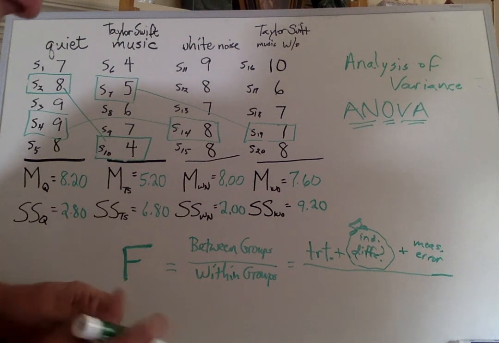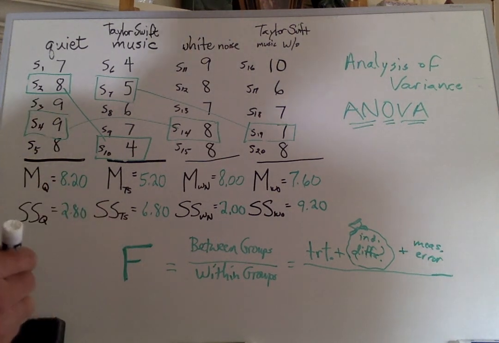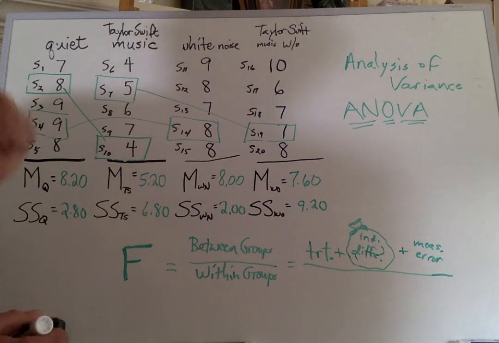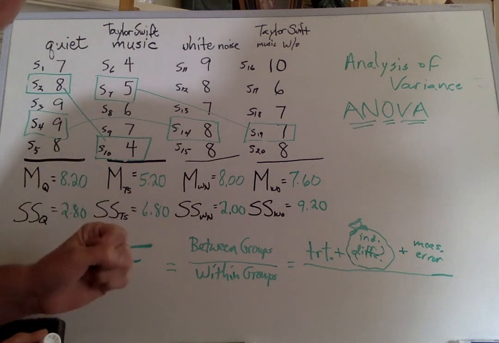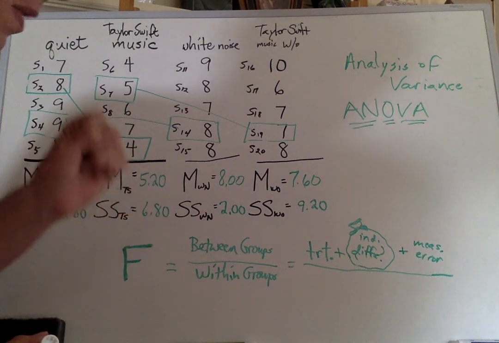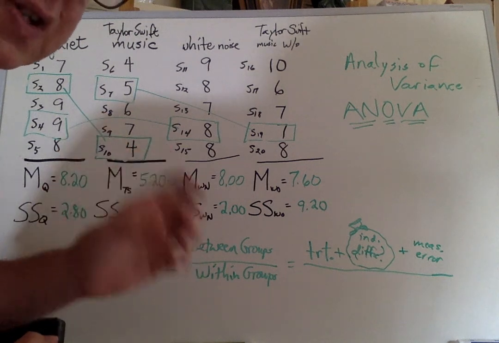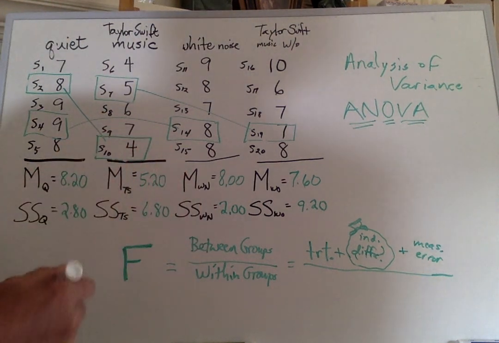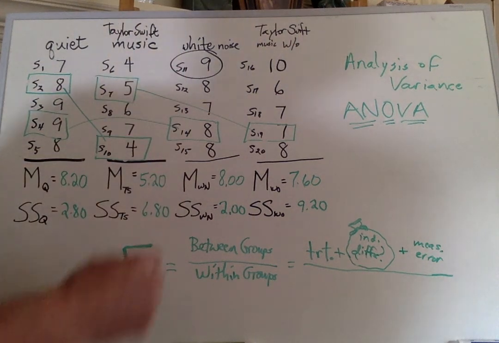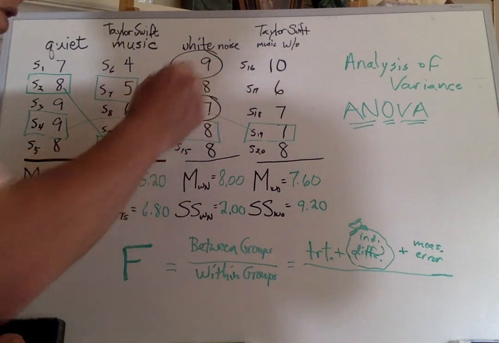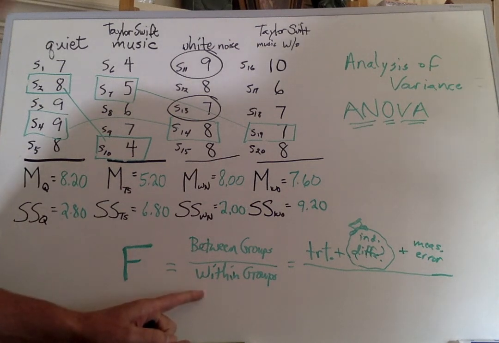Let's look at within groups. So I'm going to use a different color here, or maybe a different shape. I want to look at the variability, the variance that we see within a specific treatment group, right? And so here's this person, subject 11, and here's subject 13. They are within the same group, right? Within groups.